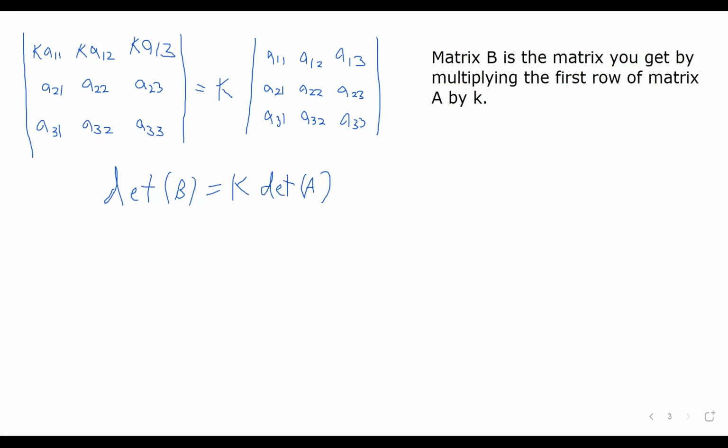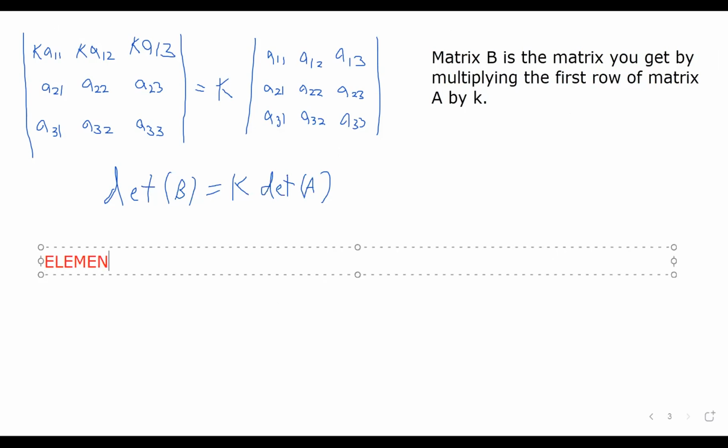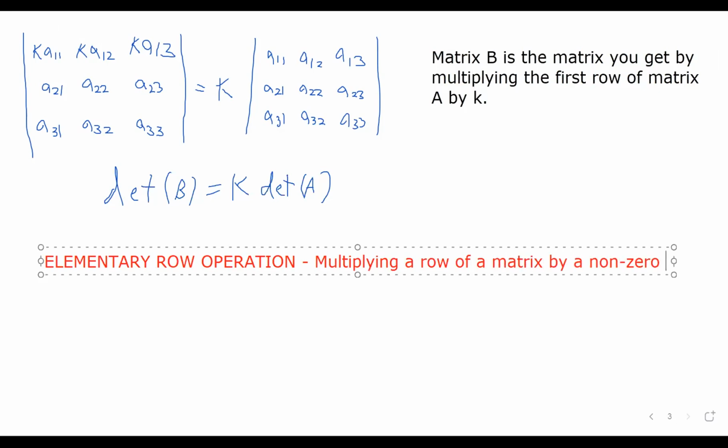Okay, so our elementary row operation is multiplying a row of a matrix by a non-zero scalar.